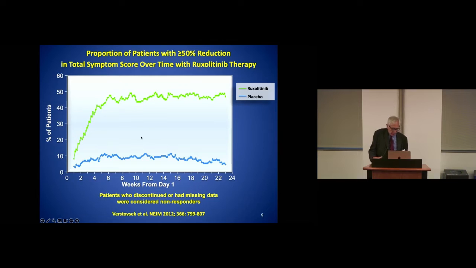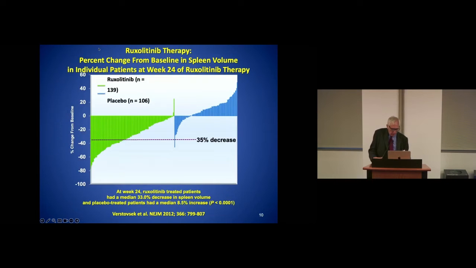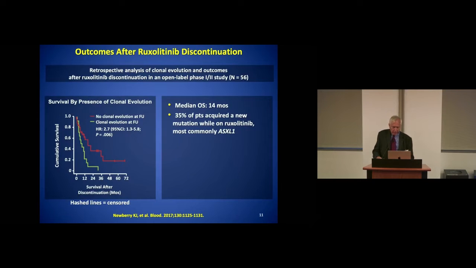And here you can see this is a randomized study comparing ruxolitinib, or Jakafi, to placebo. You can see that there's a dramatic reduction in total symptom score and also a reduction in spleen volume. And this group of drugs has really revolutionized the care of patients with myelofibrosis, really improving their quality of life.